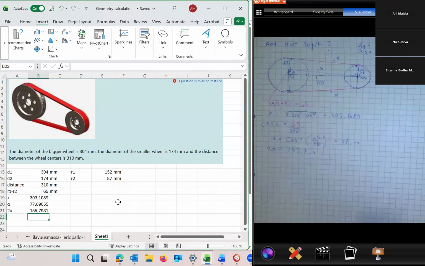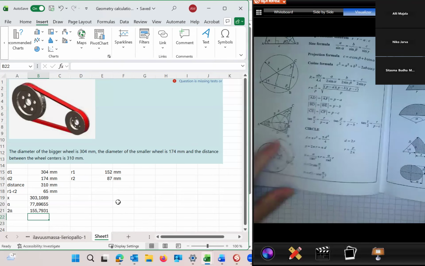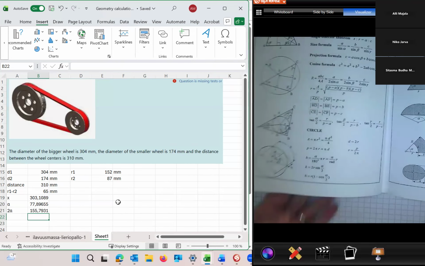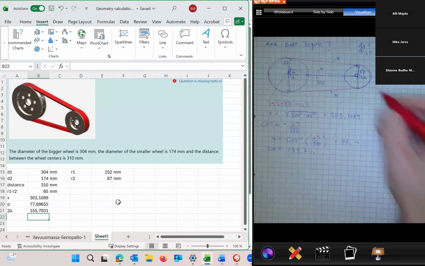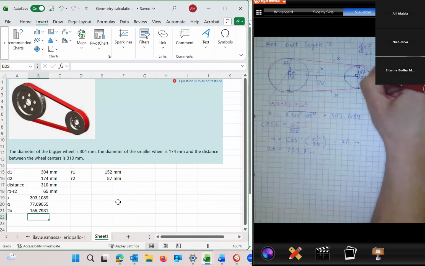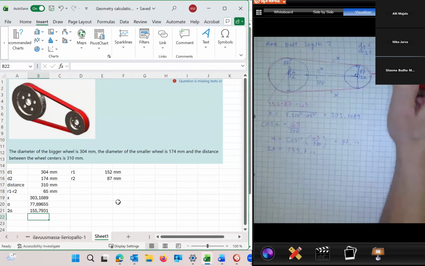And now I just know this, the equation for this B here. And here's the equation, and I can just write it there. This, I can mark it with B there. This is like the angle that I have, which would be now 2 alpha, because I marked it with alpha.